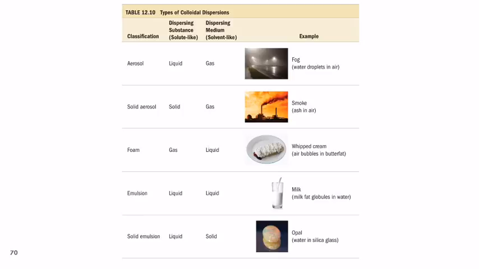So we're more familiar with these other types of colloidal dispersions. Whipped cream, that's a tasty one, right? This has air bubbles dispersed in the fat of the cream. So that's a gas in a liquid. Milk: if you have raw, untreated cow's milk and you let it stand, the fat will rise to the top. That's the cream.